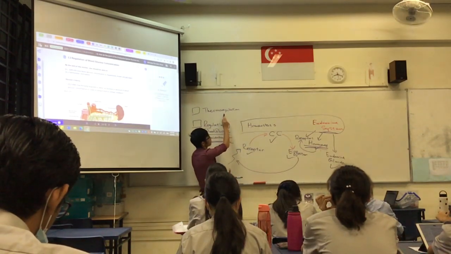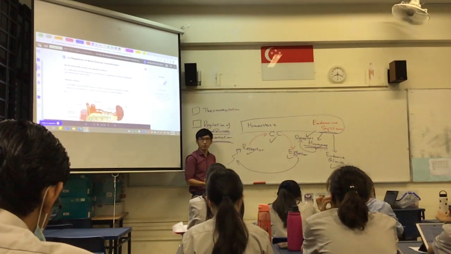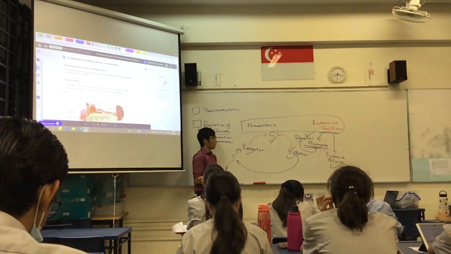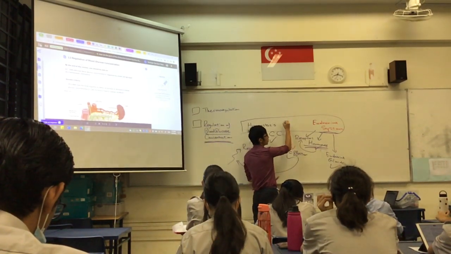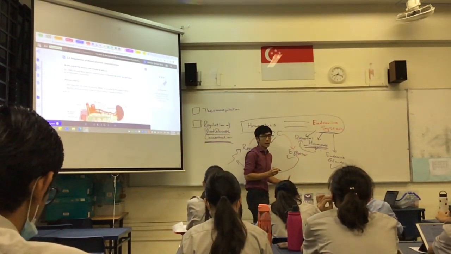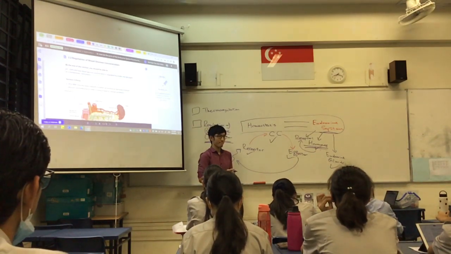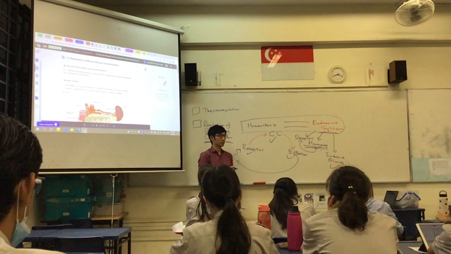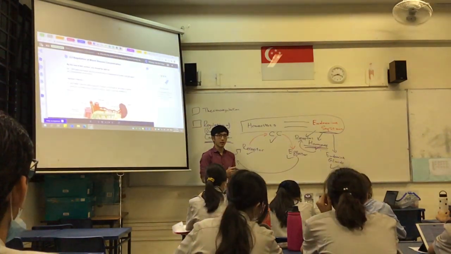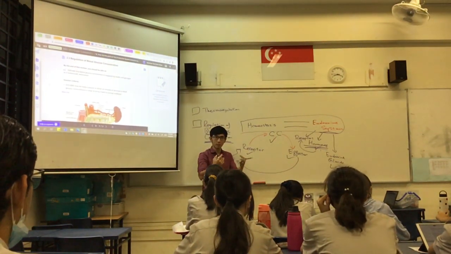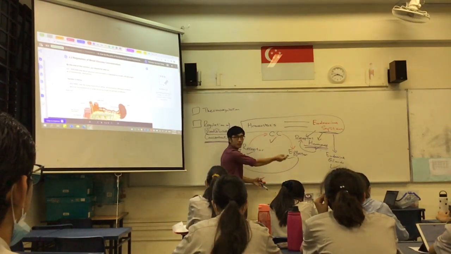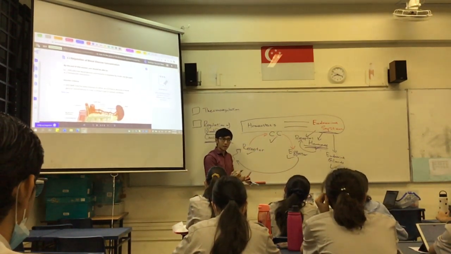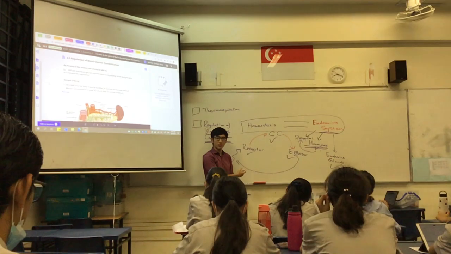For this, we use our endocrine system primarily to regulate. Okay? Some students ask, is homeostasis equals to endocrine system? What do you think? No, right? It's not. It is merely a means of communication so that we can achieve homeostasis. Can the endocrine system be used for other things other than homeostasis?